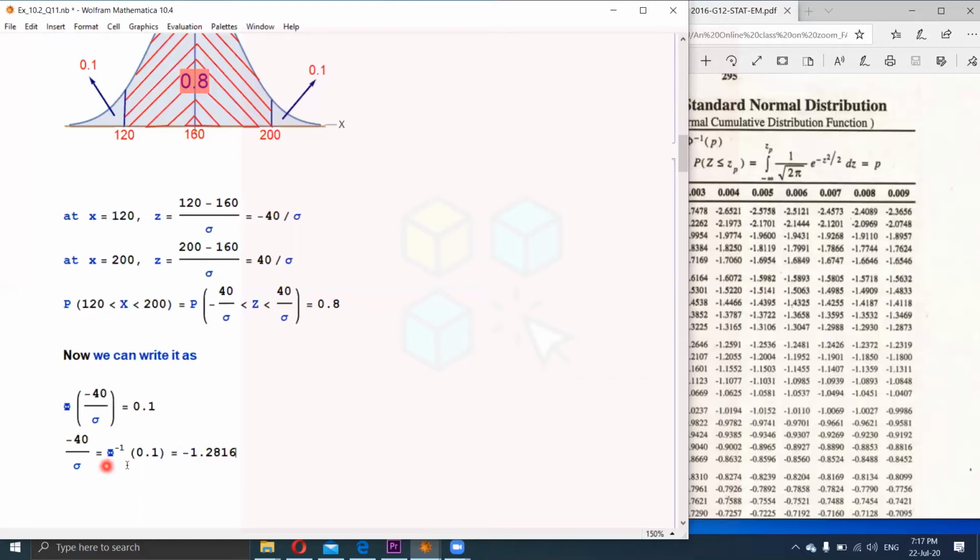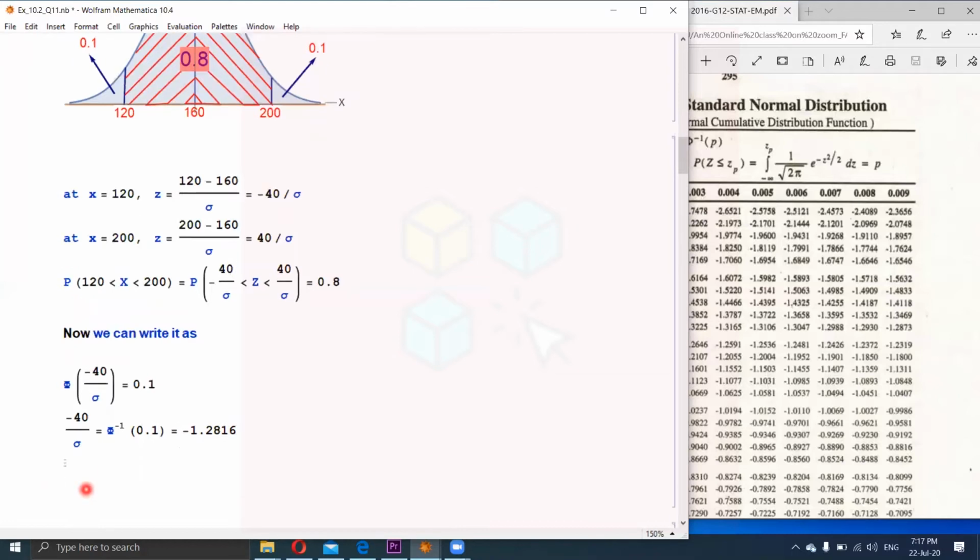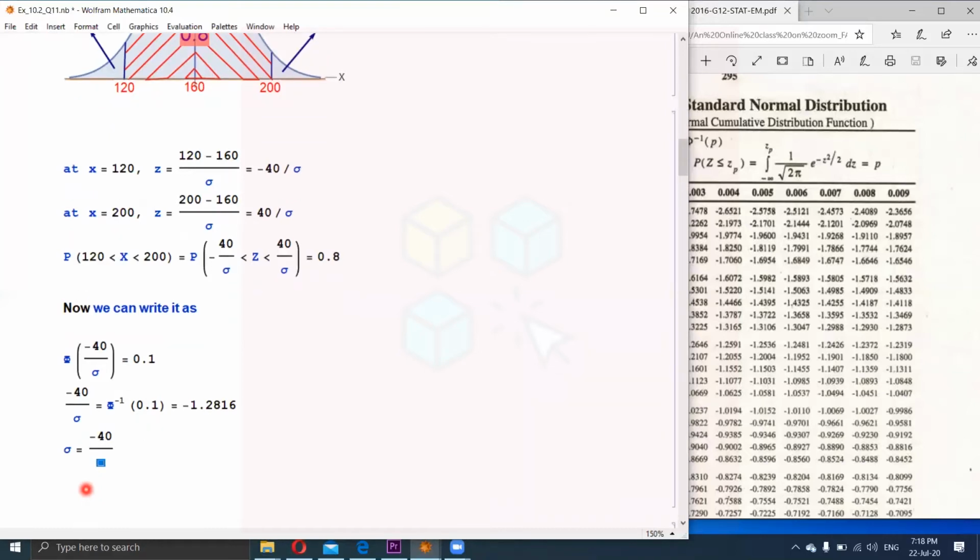Using this value, we can find sigma. So sigma is equal to minus 40 divided by minus 1.2816.